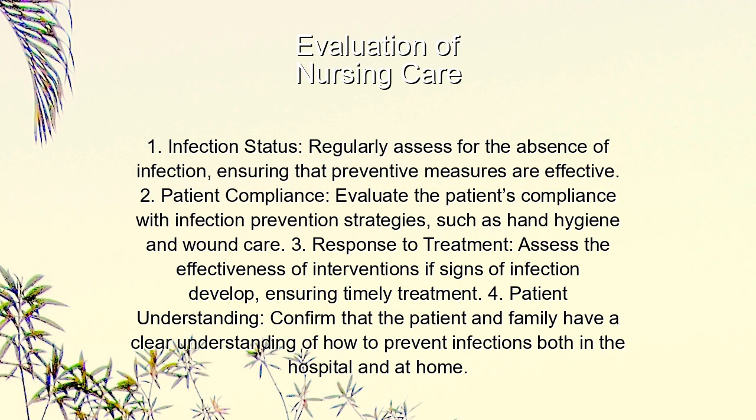Three, response to treatment: assess the effectiveness of interventions if signs of infection develop, ensuring timely treatment. Four, patient understanding: confirm that the patient and family have a clear understanding of how to prevent infections both in the hospital and at home.